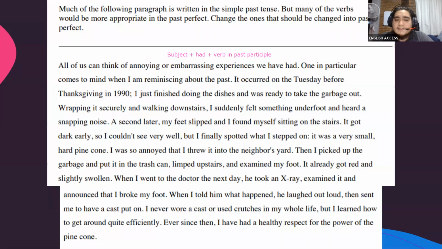Then we can say, I had never worn a cast or used crutches in my whole life, but I learned how to get around quite efficiently. Yes?